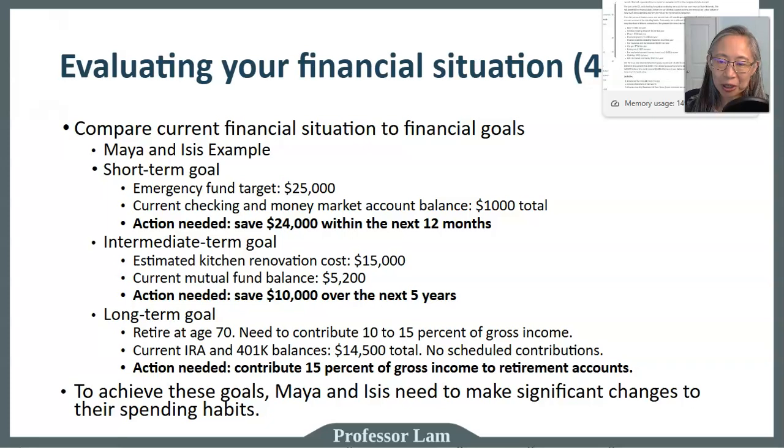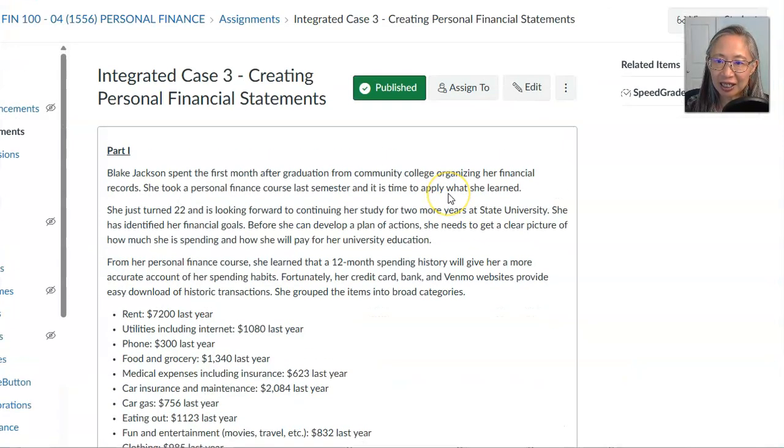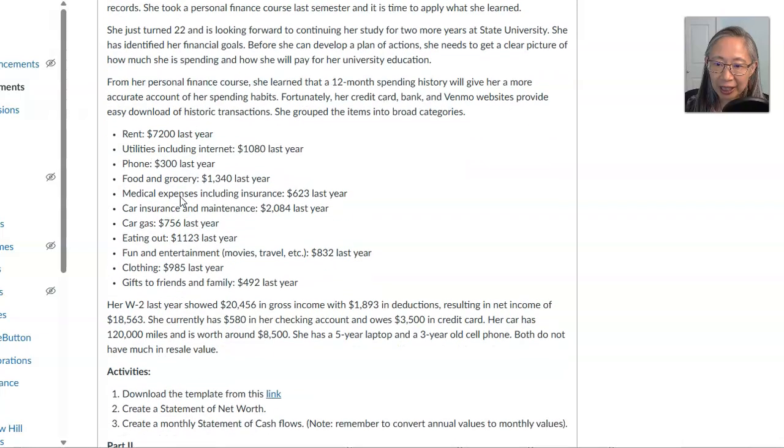You'll get a chance to apply the tools that you just learned, how to create a financial statement, including a statement of cash flow and the statement of net worth, to your own specific situation as your personal financial plan, as well as in a case study. This is the first part, to do a case study. And here is the information for the case study.